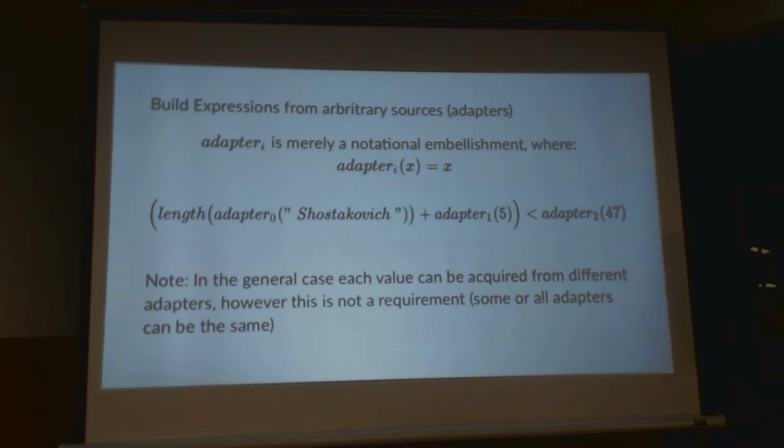They could be different data sources where this information is retrieved from. This is a notational convenience I'm using here. I'm not saying that the adapter takes as input a value and outputs the value right back. What I mean is that adapter 0 is returning the value Shostakovich as a string, or adapter 1 is returning a 5.